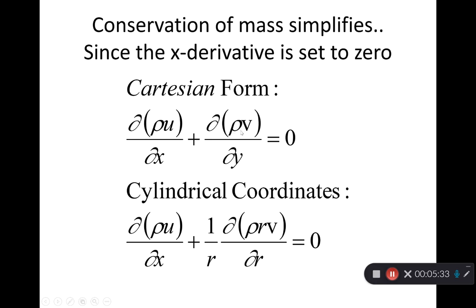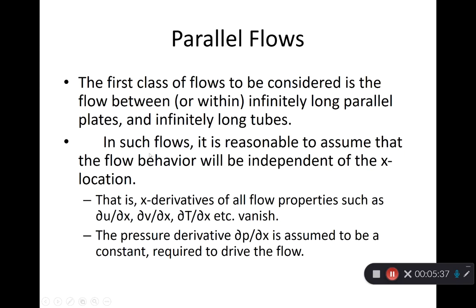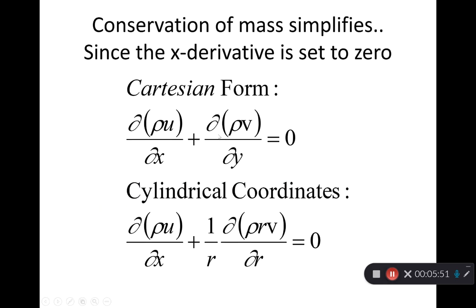It cannot be a function of x because if anything is a function of x, it will have an x derivative, but we cannot have any non-zero x derivative at all. Otherwise, the derivative will build up over a long, infinitely long distance. So we assume that rho v is just a constant. Likewise here, rho times r times v is a constant in that case.